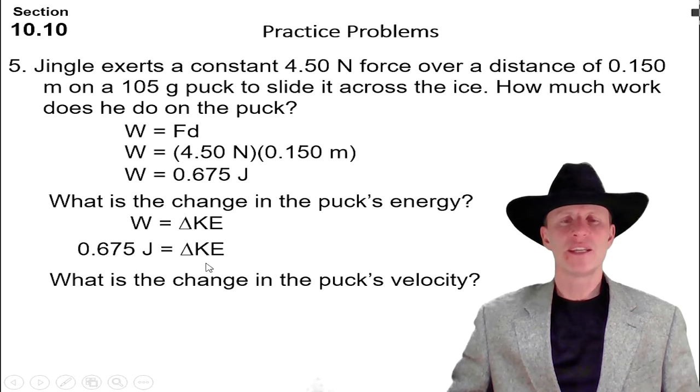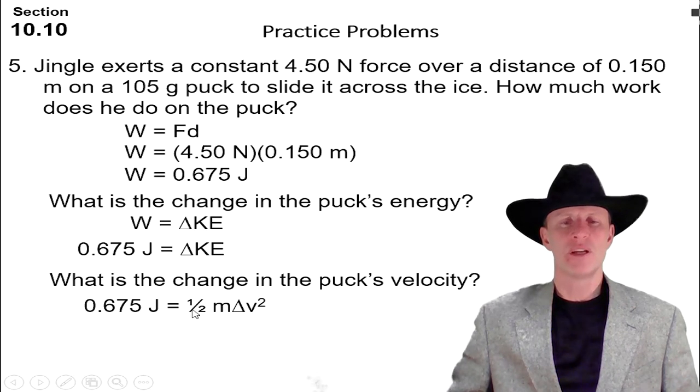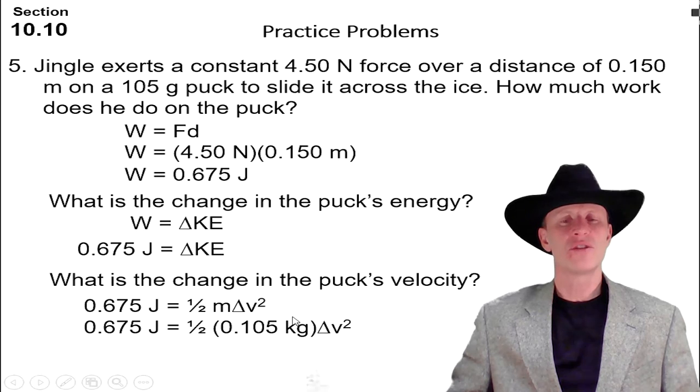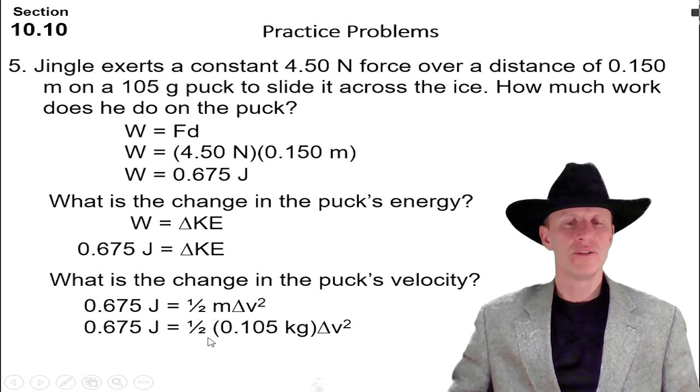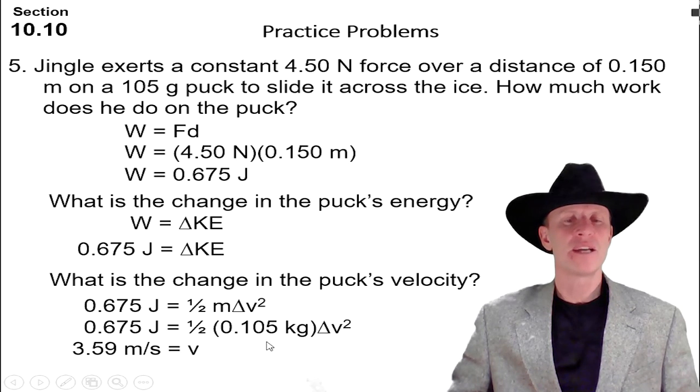So if we know the change in kinetic energy, we can sub in the formula 1/2 mv squared. Since it started at rest, we can actually calculate the final velocity. What is the change in the puck's velocity? All we're doing is solving for delta V. So in this case, we want to multiply both sides by 2, divide both sides by 0.105, and then we want to square root that answer because of this little tiny 2 right here above the V. So 3.59 would be the change in the velocity, and this would also represent the final velocity.